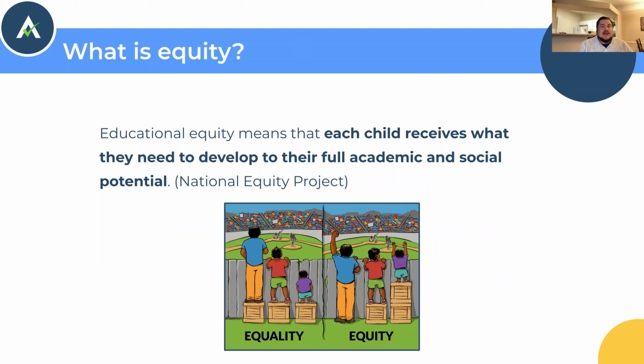Educational equity means that each child receives what they need to develop to their full academic and social potential. That means that you as the teacher are trying to ensure high outcomes for all participants in your classroom, and removing that predictability of success and failure that currently correlates with social and cultural factors in the data that we see, interrupting inequitable practices.